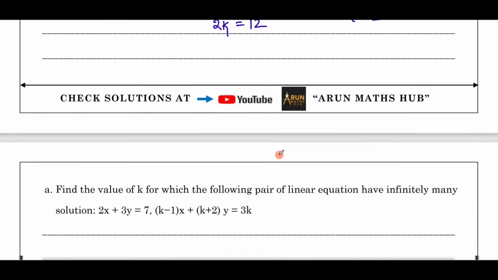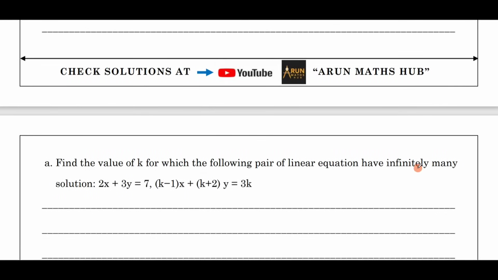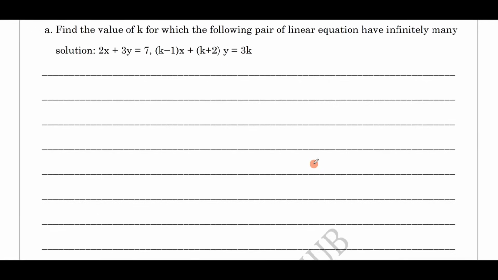Same question, similar question, infinitely many solutions. That means the lines are coincident. First, try to learn the condition. If the lines are intersecting at one point, that means unique solution. What is the condition? A1 by A2 is not equal to B1 by B2. If the lines are parallel, that means no solution: A1 by A2 is equal to B1 by B2, which is not equal to C1 by C2.